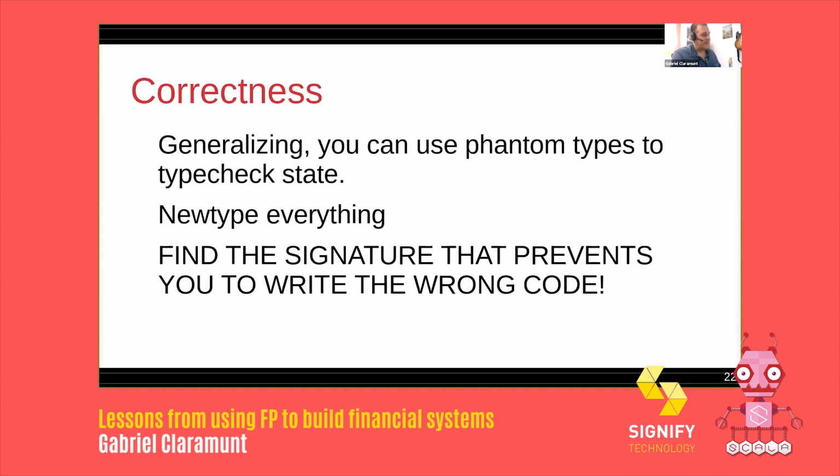I make a lot of mistakes, so I want the compiler to help me prevent that. Every time I write a new function or a new type, I think, how am I going to screw this up? Where is the parameter I'm going to miss, or put in the wrong place, and things will break?